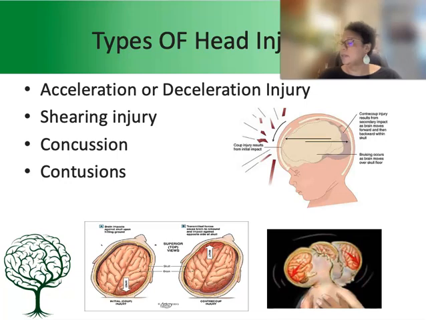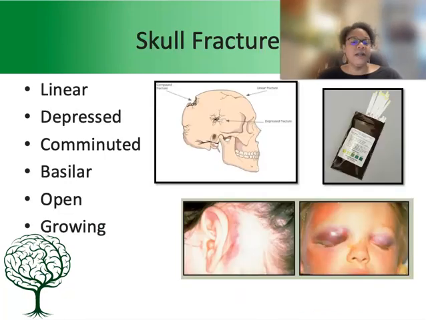All right. Next slide, we're going to talk about the fractures that I mentioned before. So we have different fractures. We have them listed here, and I'm going to go over them and then talk about some things in particular about the basilar fracture, because this is also an NCLEX one that they love to test you on.